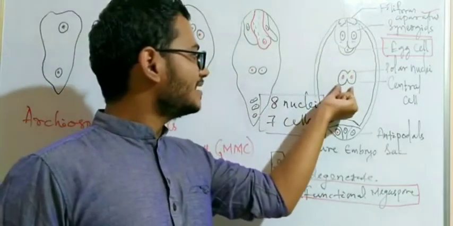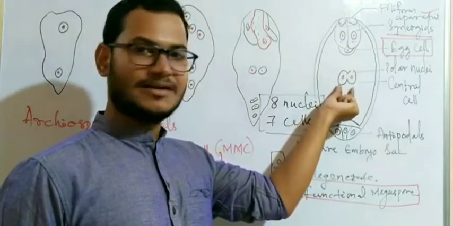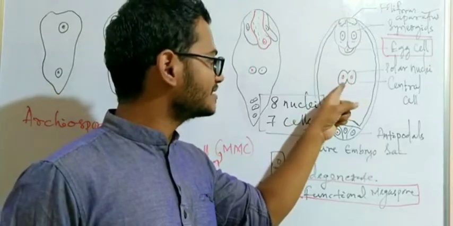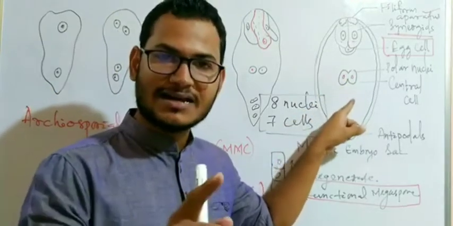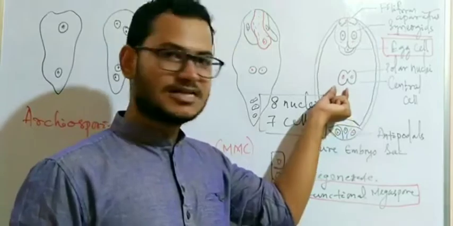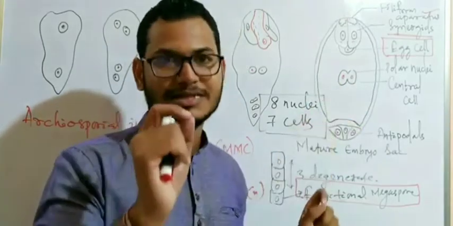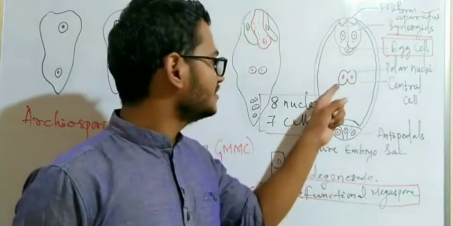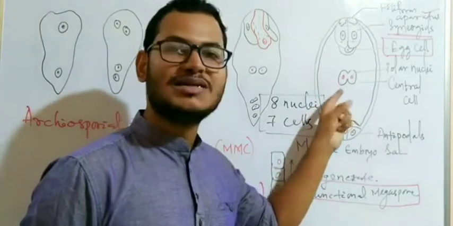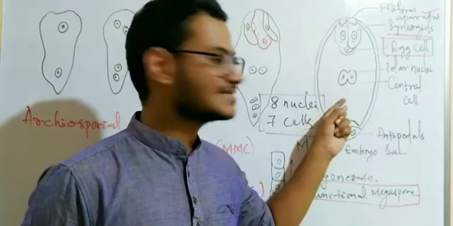Now the central cell has 2 pronuclei, the polar nuclei. In this case there are 2 nuclei which are arranged like this and form a single cell because the cytoplasm is fused but the nuclei are separate. So here it is a 2 nucleated cell.